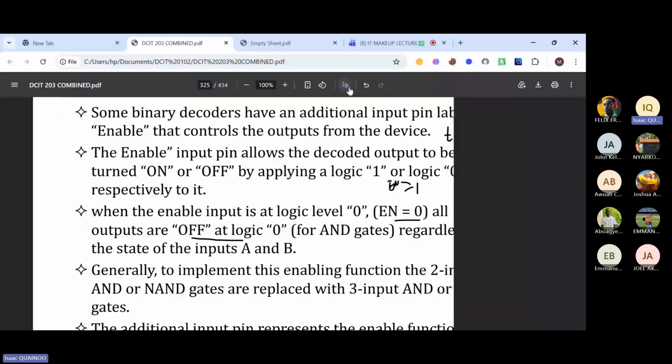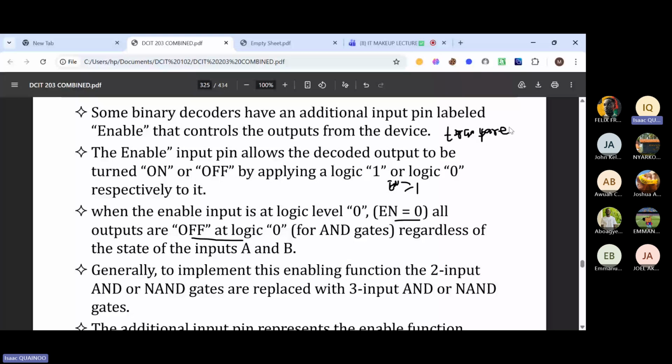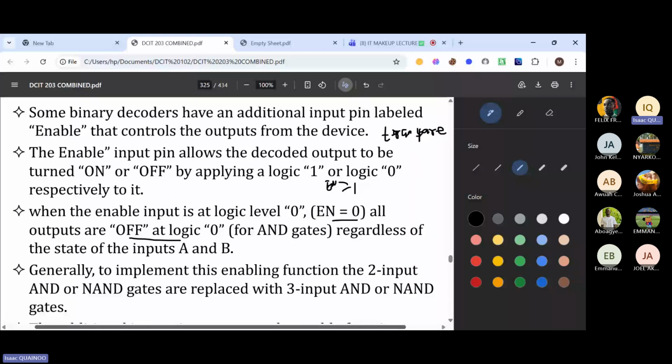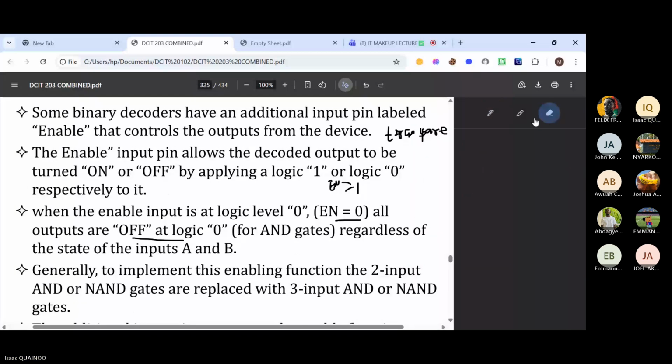So whenever we feed that circuit with an input, it should be capable of returning an output. We call those kinds of circuits transparent circuits. That isn't really a classification of circuit per se, but a state of the circuit. It is used to express the state of the circuit. So if the enabler is 1, we can say that the circuit is transparent, meaning that when you feed it with input, it should be capable of giving you output right away.